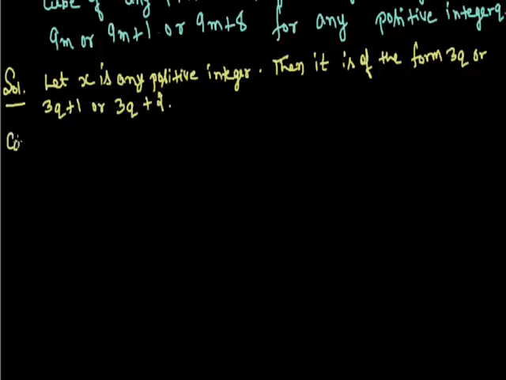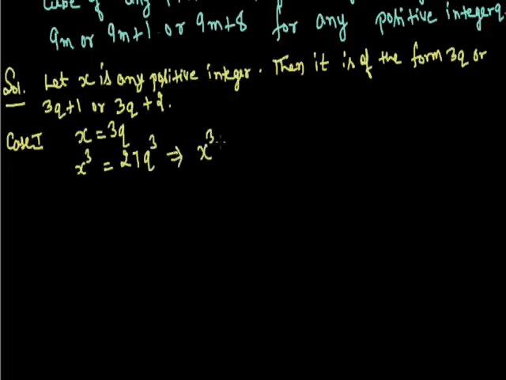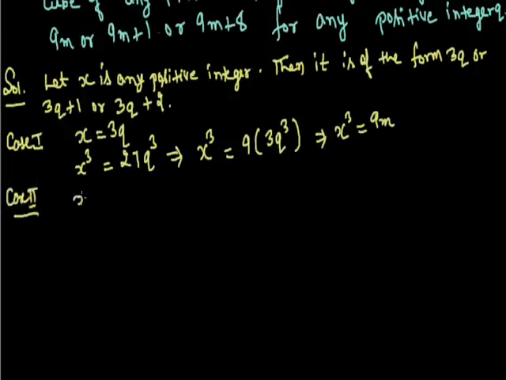Now case first, x is equal to 3q. Now cubing both sides, x cube will be equal to 27q cube. Now take common 9, so 9 multiplied by 3q cube, so x cube equal to 9m. Now case second, x is equal to 3q plus 1.